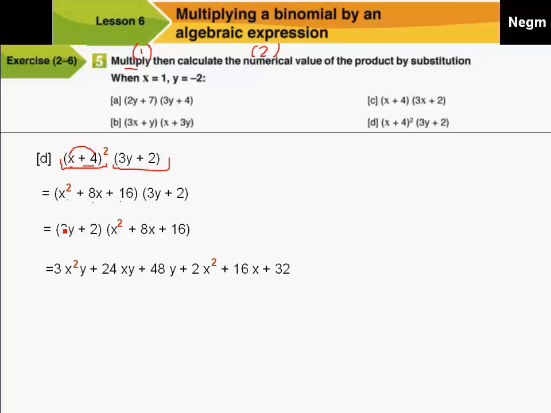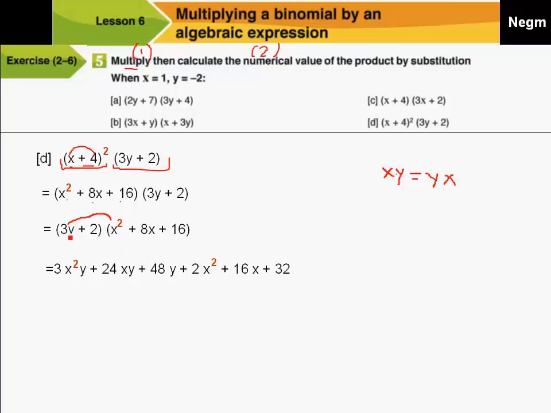Take this first. 3y times x squared is 3x squared y. You have to know xy is yx. Why? Because xy is x multiplied by y, and yx is y multiplied by x. So xy is equal to yx.